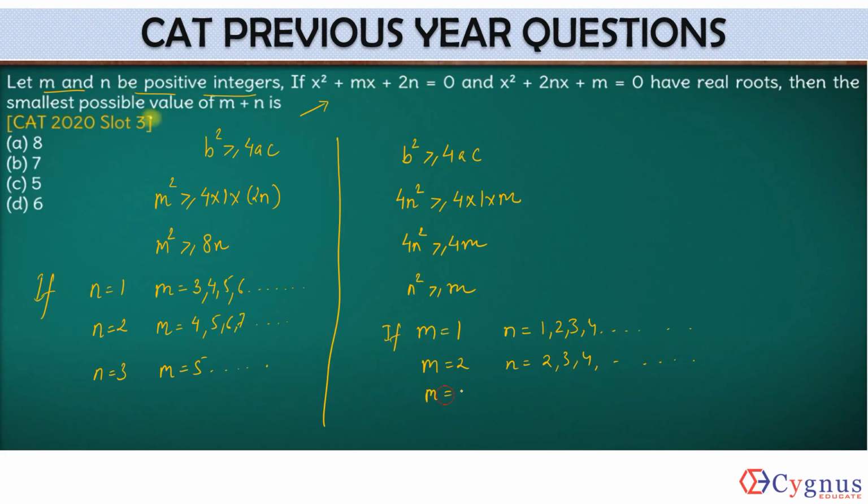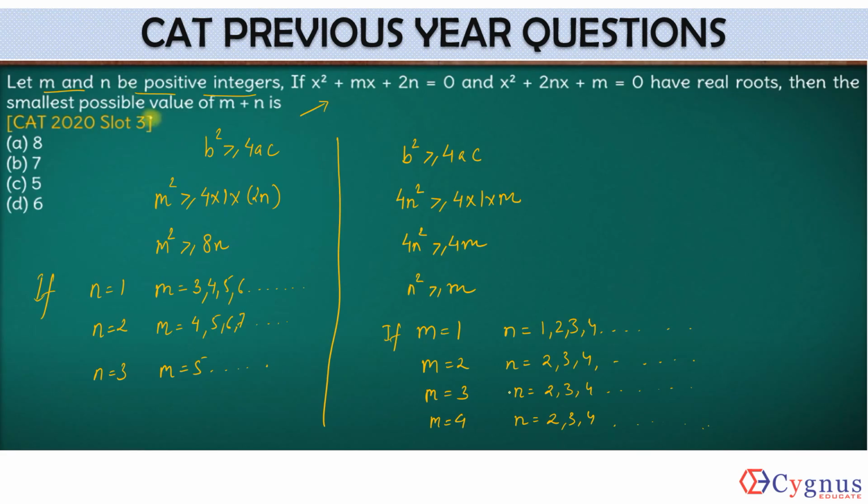What if I put m equal to 3? Square of which number is going to be greater than 3? I'll say n is again 2, 3, 4 and so on. What if I put m equal to 4? n will be either 2 or 3 or 4. All these values will satisfy. Am I right or no?